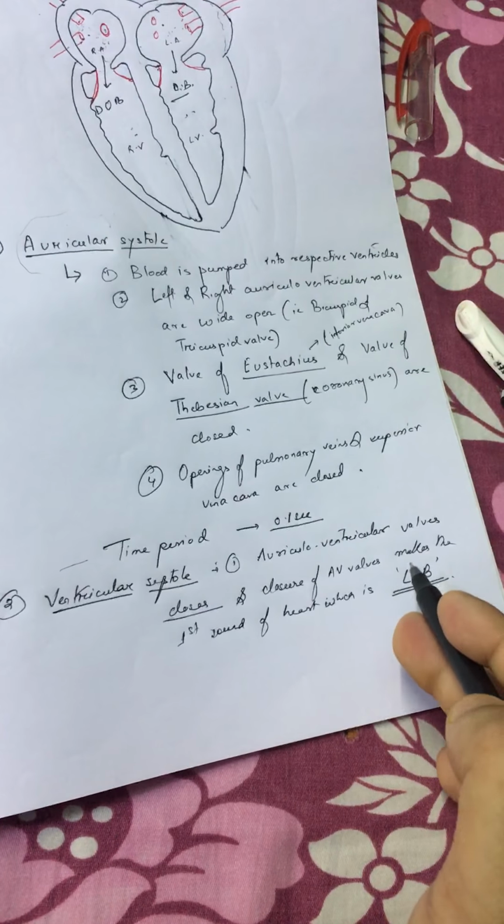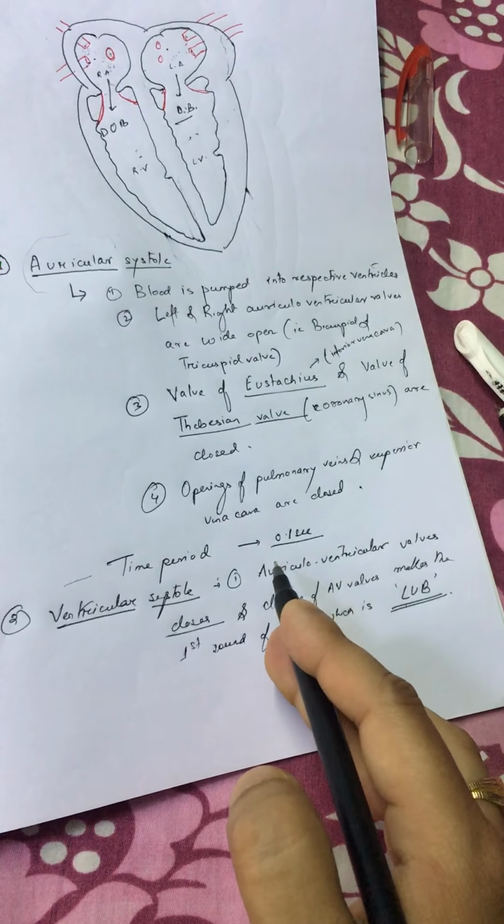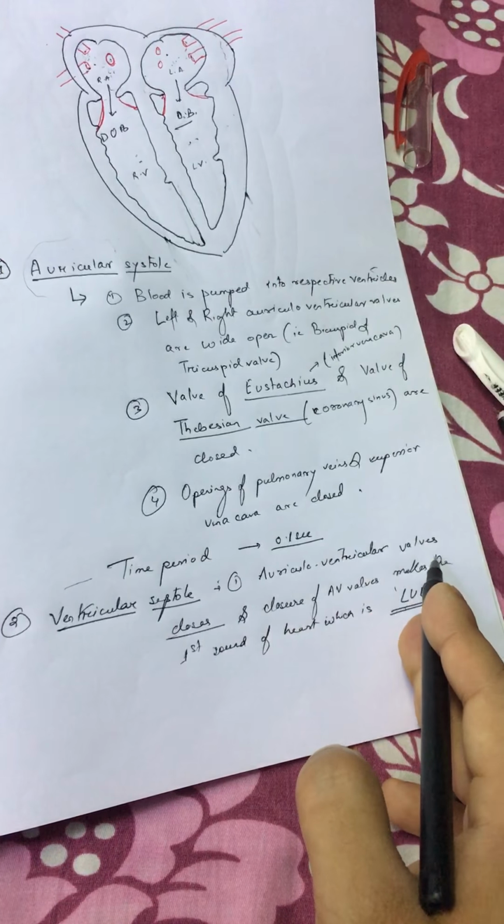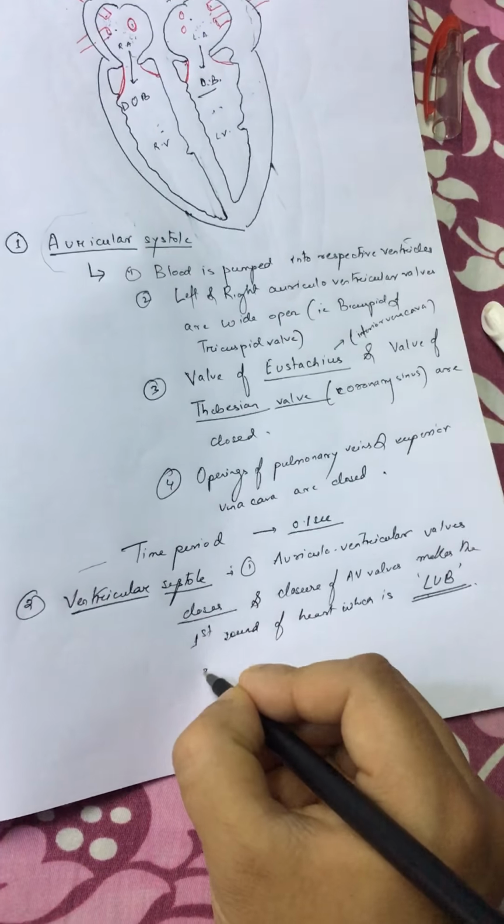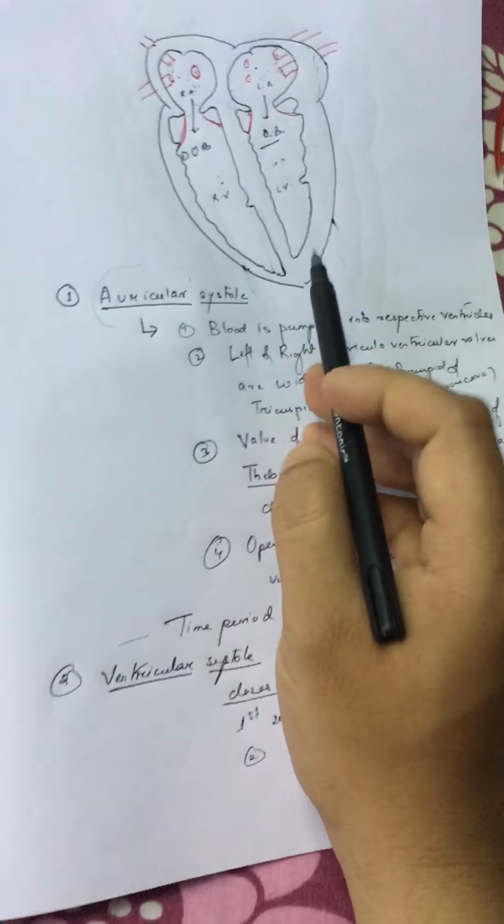So the first sound of the heart is produced as a result of the closure of the auriculoventricular valves, right? Remember this. Next, what are the things that are going to happen?